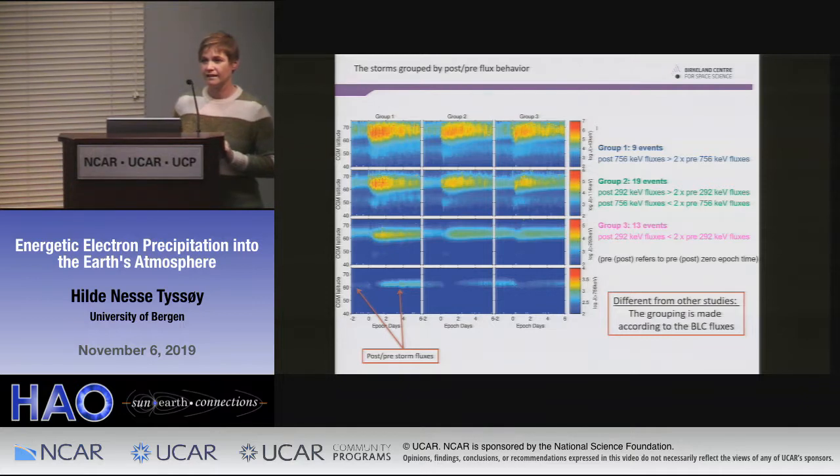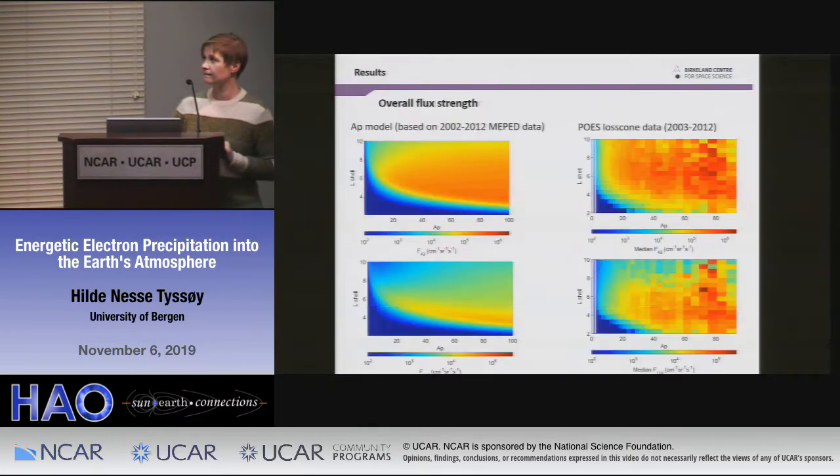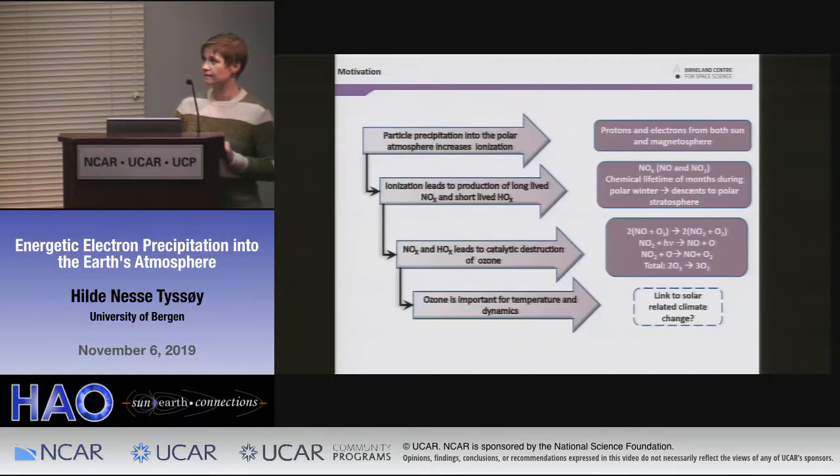Going all the way back to the beginning of your presentation, talking about the chemistry, can you say something about the range of energy? Which ones are most important, or are they all important? They are all important.